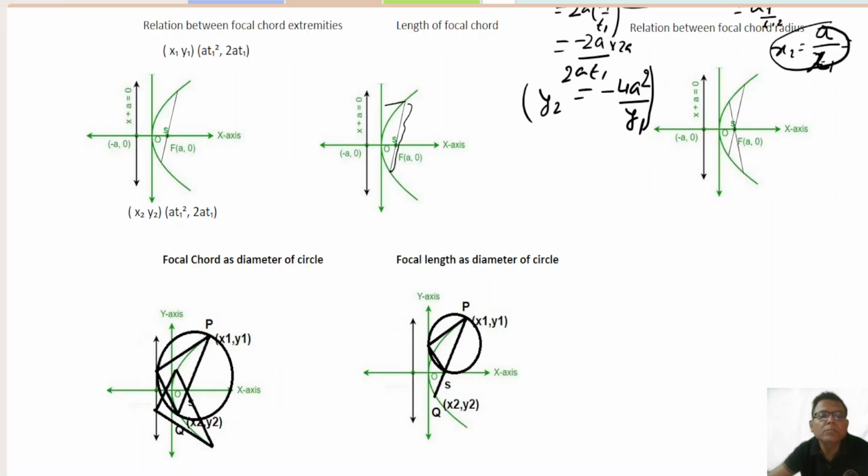This one we know is a plus x1, and this one will be a plus x2. So the length of the chord is equal to 2a plus x1 plus x2.